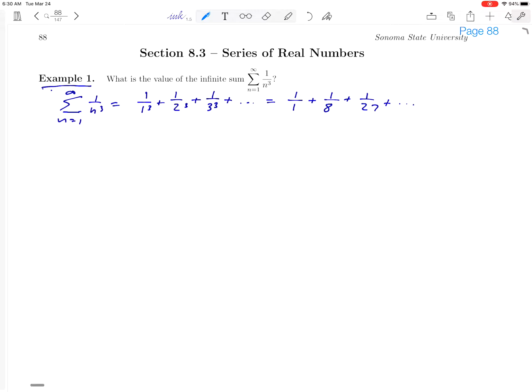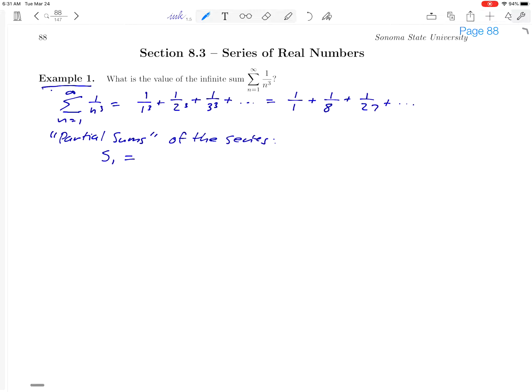Well, how do we decide whether this series converges or not? Well, one way is to look at what's known as the partial sums of the series. Partial sums just mean that we're going to add up more and more terms and look at those sums and try to decide whether they're approaching a number or maybe going off to infinity.